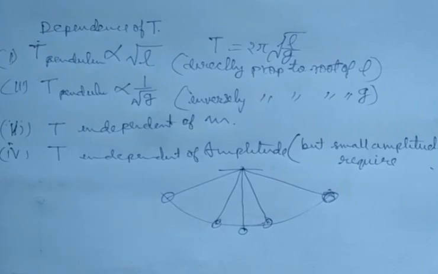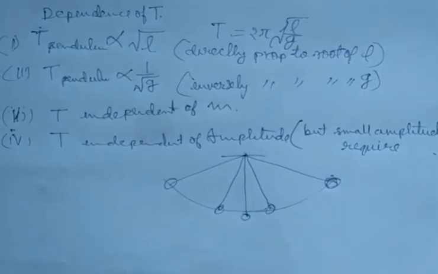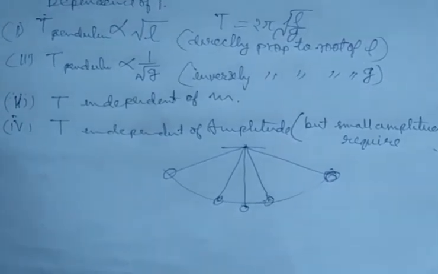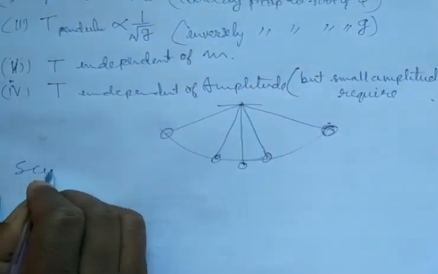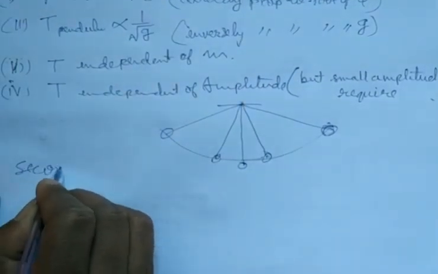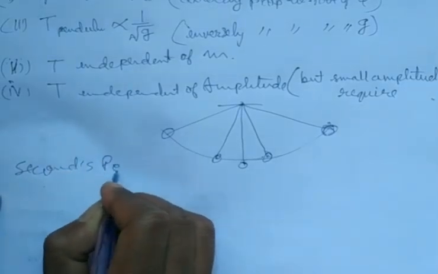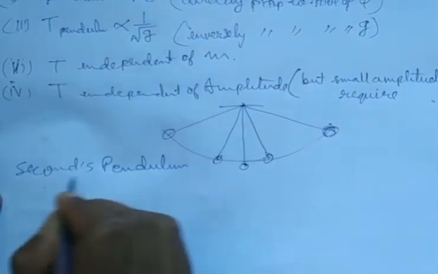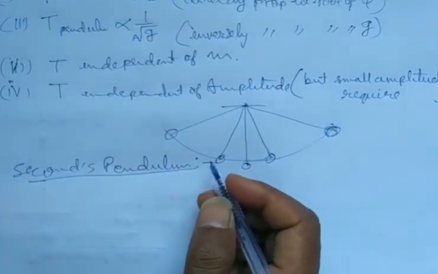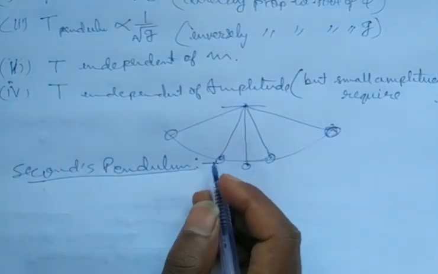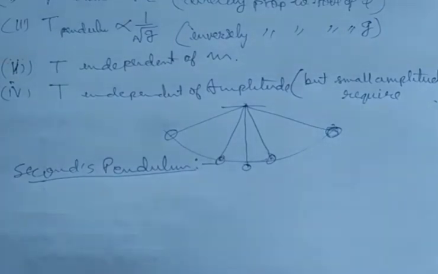All right, so finally there is another concept which is called the seconds pendulum. What is a seconds pendulum? It is a pendulum whose time period is 2 seconds. The name is seconds pendulum, but actually its time period is 2 seconds.